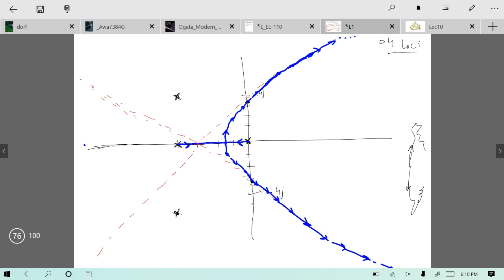But we don't know whether this pole will go by this pattern or this pattern or this pattern. We have no idea about this.